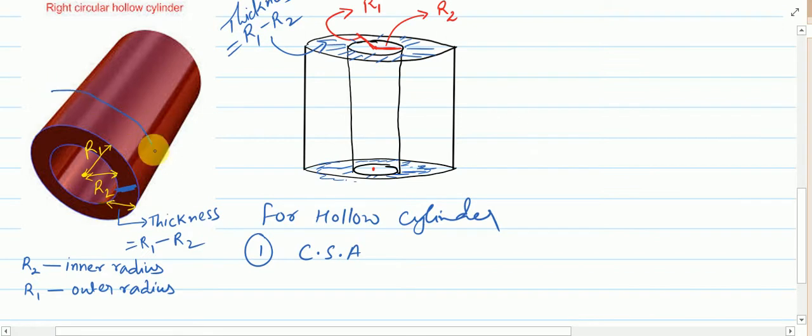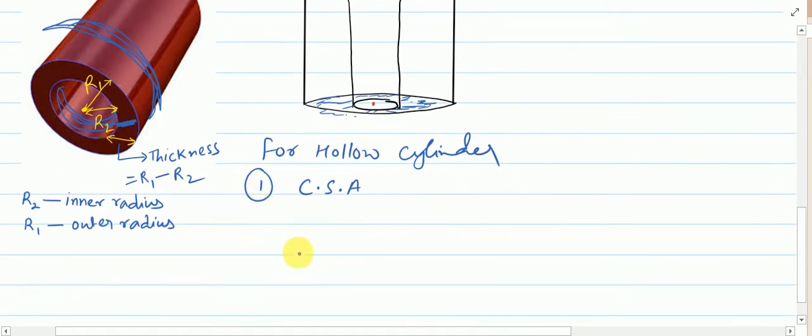One is this outer one, and one curved surface area will be inside. So here the curved surface area will be equal to 2 pi R1.